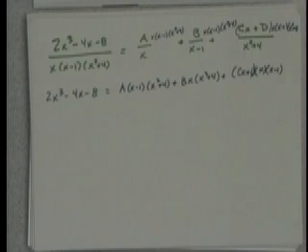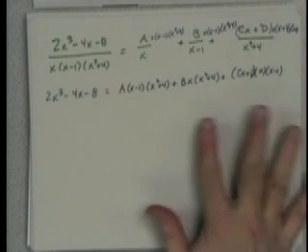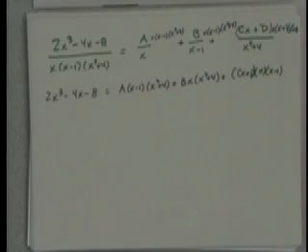Now, I could still use the same factoring that I did before, but I'd have a couple of different times I'd have to substitute in. Besides, I could substitute in 1 and I can substitute in 0, and those would help me. But then I'd have to sub in a few other ones. But I'm going to do it another way.